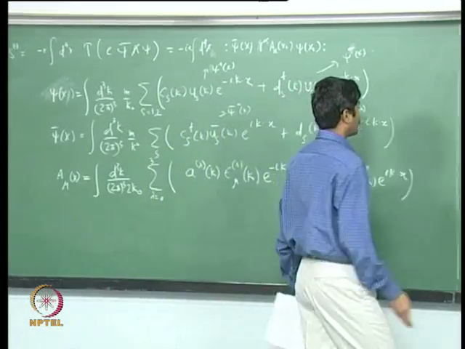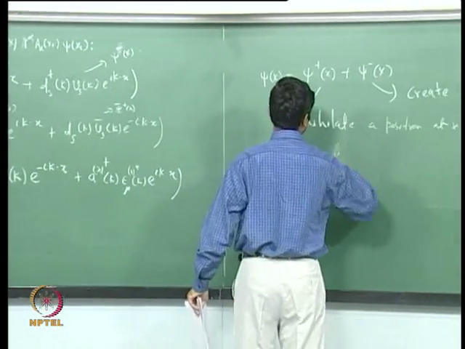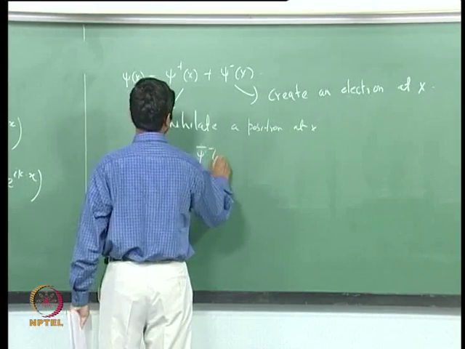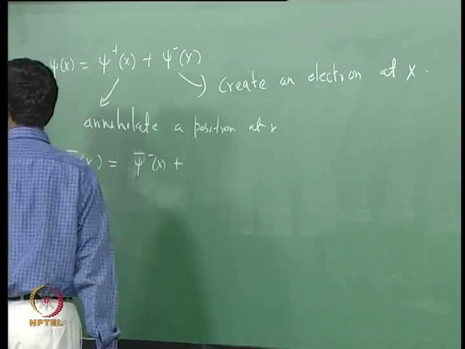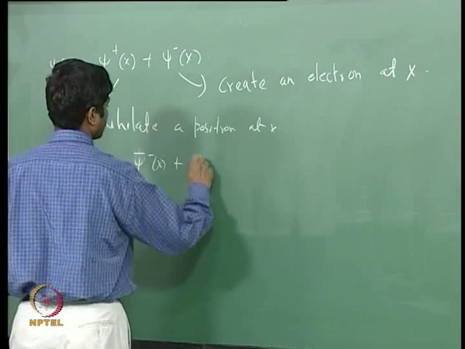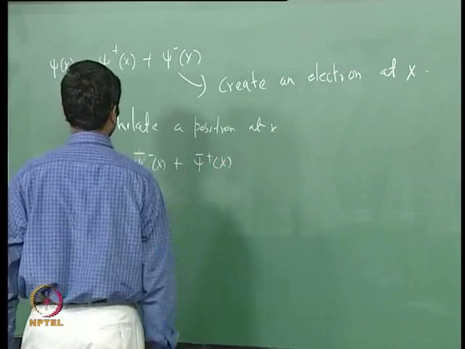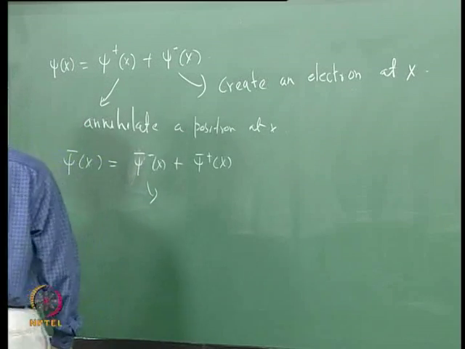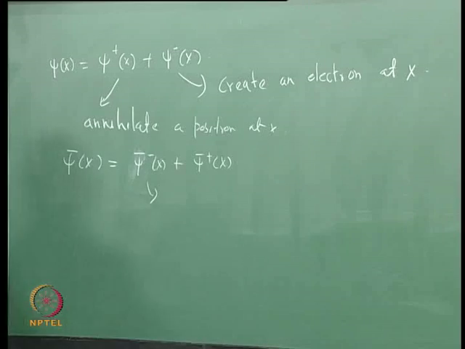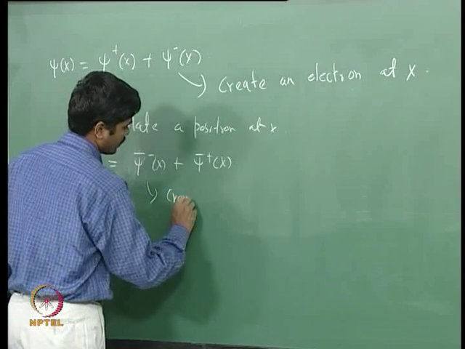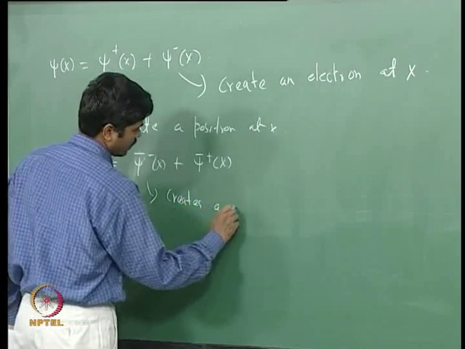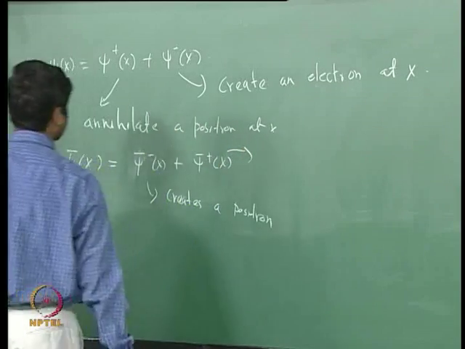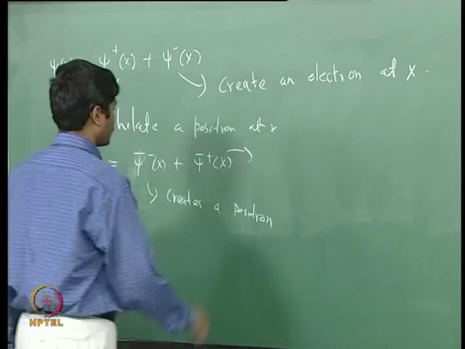So psi bar minus of x plus psi bar plus of x, this one, psi bar minus creates a positron, psi bar plus annihilates an electron.